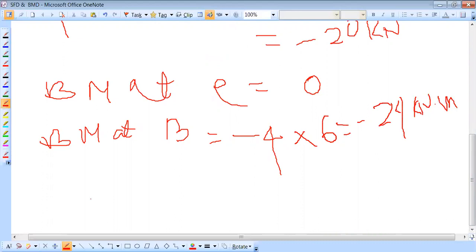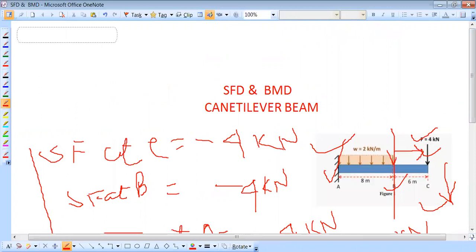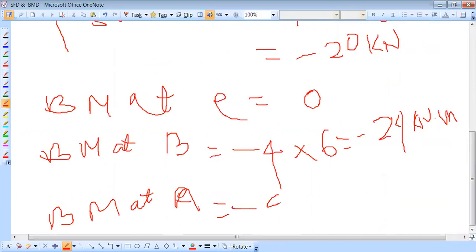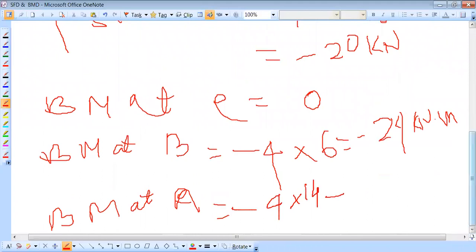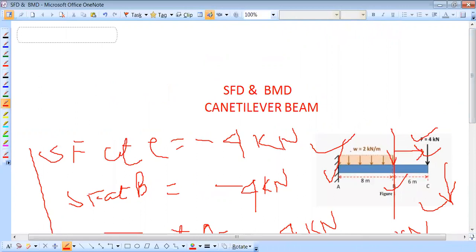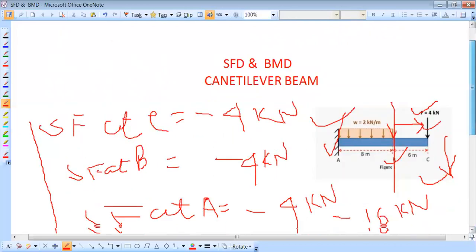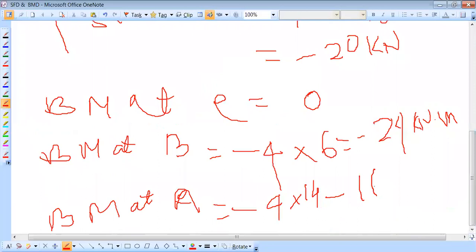Again, we find the BM at A. Here this force is in the downward direction, and we take the distance from C to A, which is 14. So minus 4 into 14, and we also take the other load, the UDL. The total UDL load is 2 kilonewtons per meter times 8, that means 2 into 8, which is 16 kilonewtons. But what distance do we take?